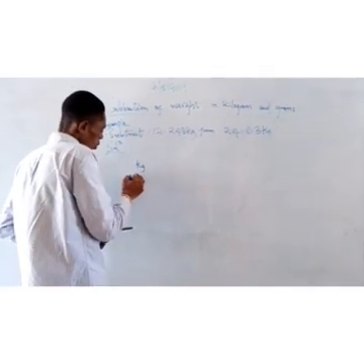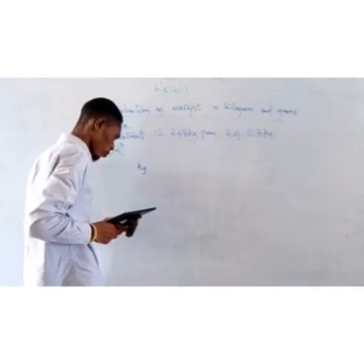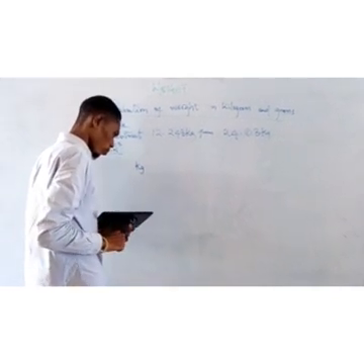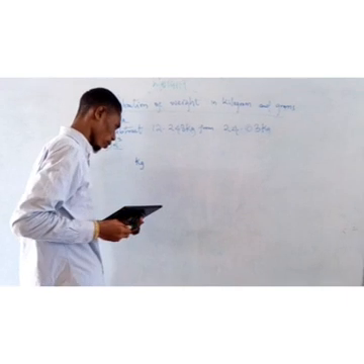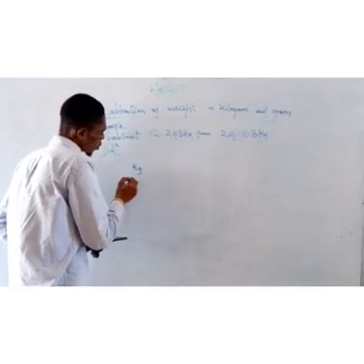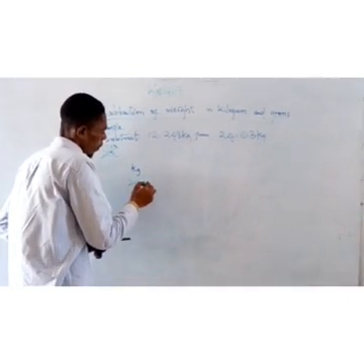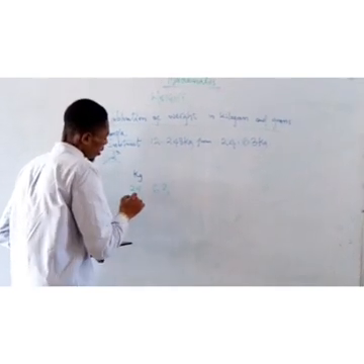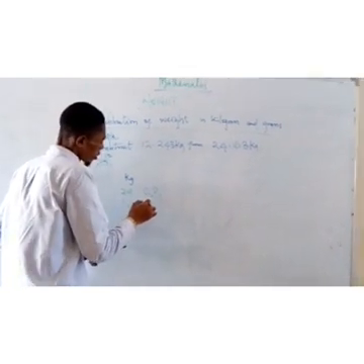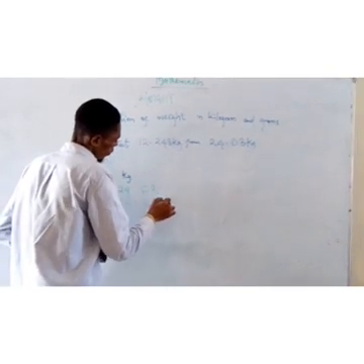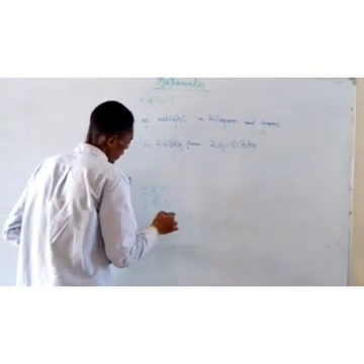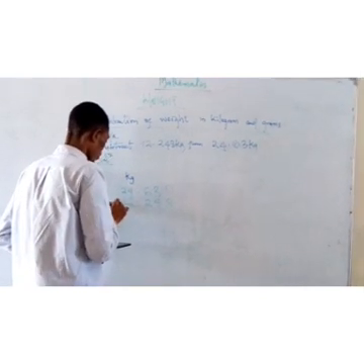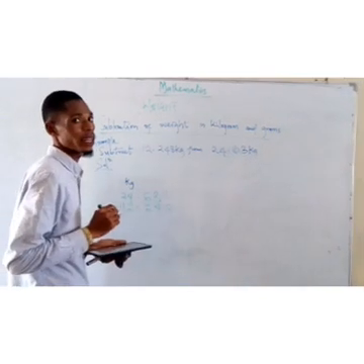So the first one was 24.63 minus 12.248. So let's put 0 here. Then we subtract. Are we together?